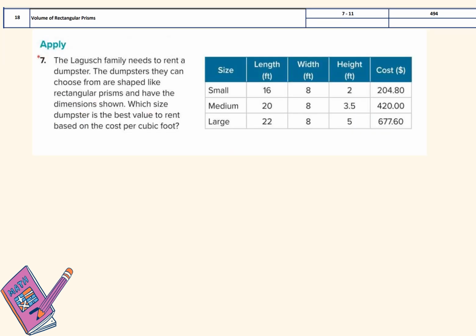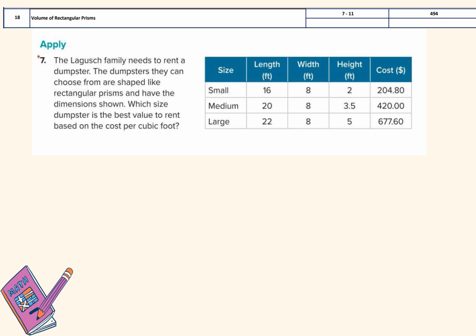Question number 7. The Lagash family needs to rent a dumpster. The dumpsters they can choose from are shaped like rectangular prisms and have the dimensions shown. Which size dumpster is the best value to rent based on the cost per cubic foot?